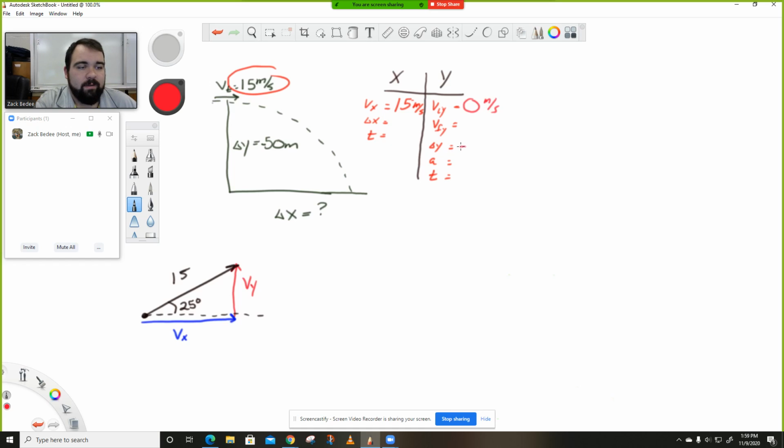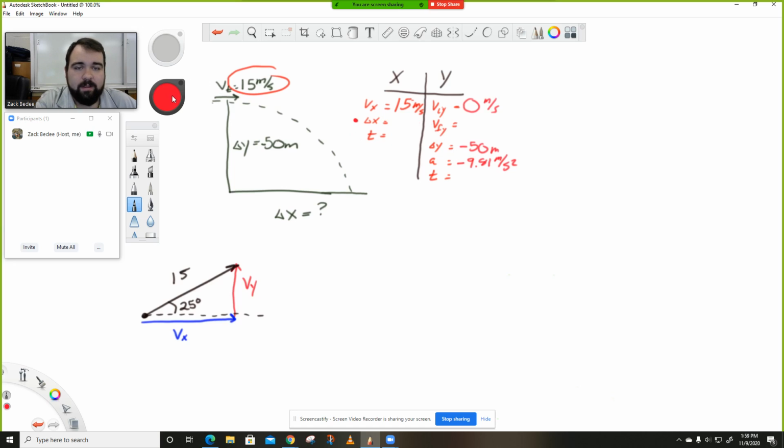Delta y we are given. It's the height of the cliff, the overall distance the object falls. Acceleration is a constant negative 9.81 meters per second squared, so we have it. The big question is this: what is delta x?